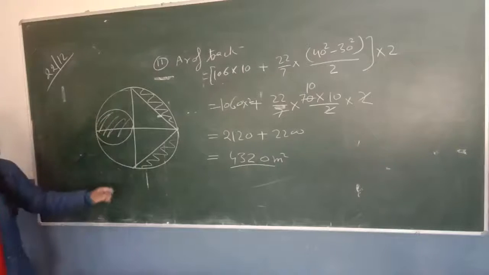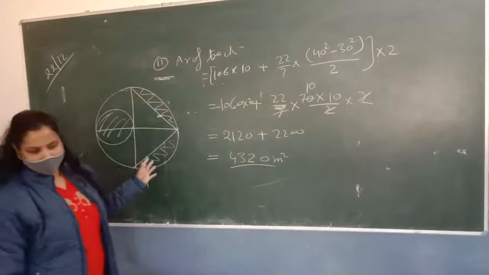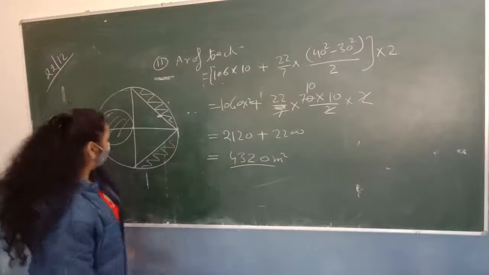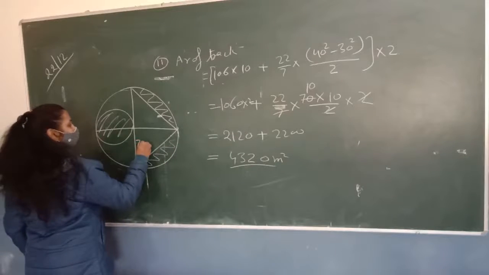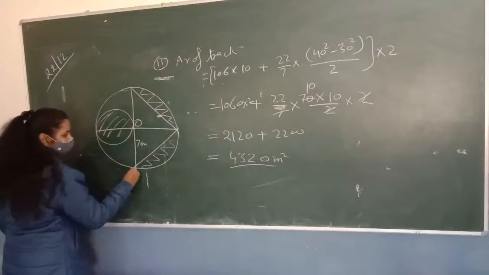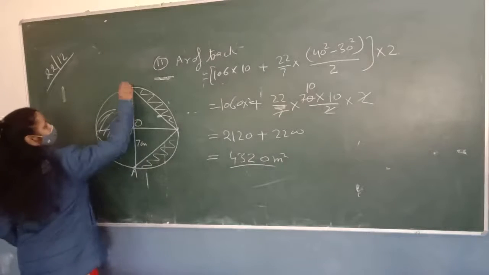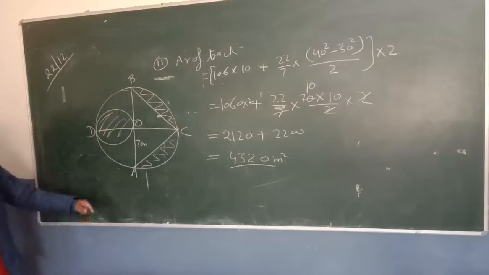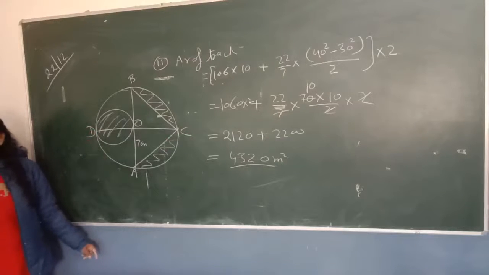You have to find the area of the shaded portion here, and the radius of the circle is 7 centimeter. A, B, C, D. So how do you find the area of the shaded portion?